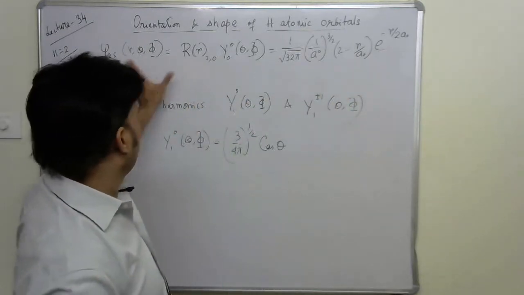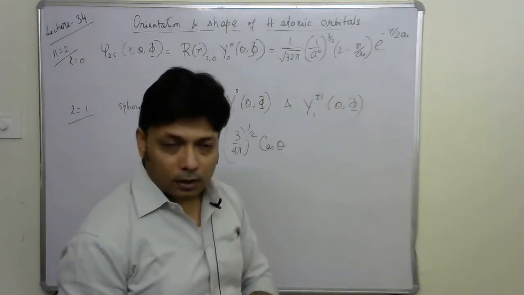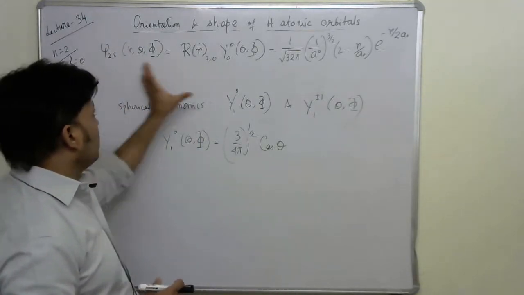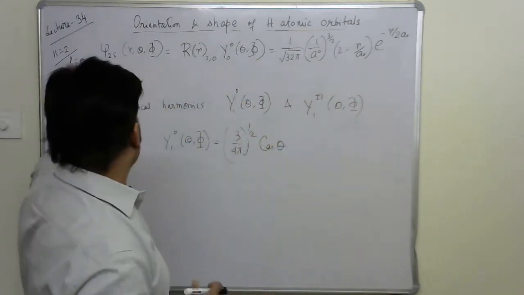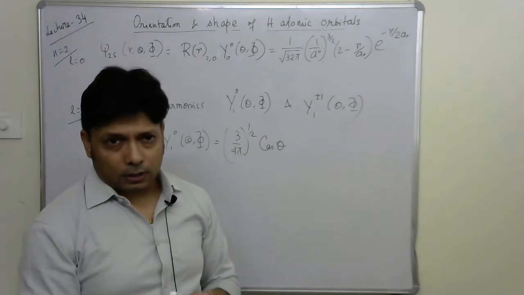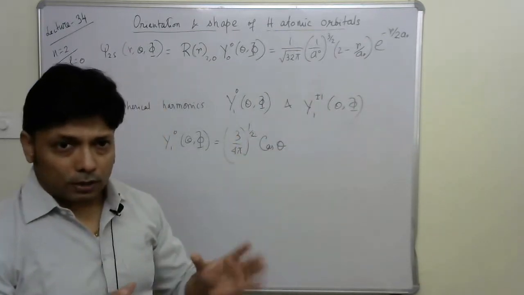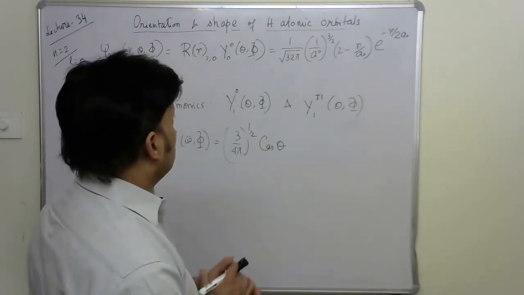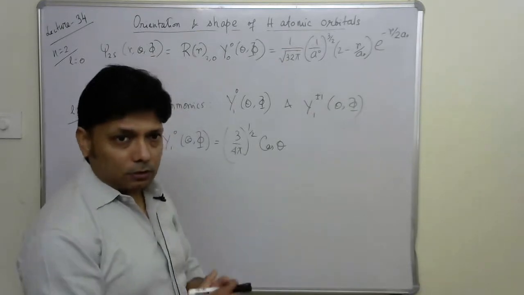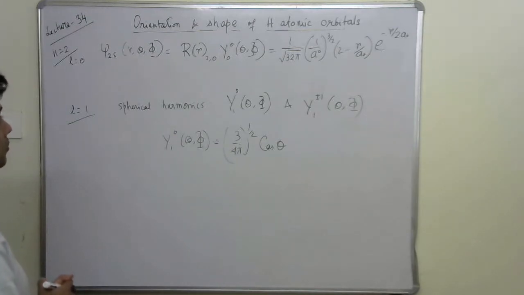So basically the wave function depends on the radial part only. That means the orientation of this function is spherically symmetric around the nucleus, because it is only dependent on the radius. The radial part is uniform around 360 degrees, a spherically symmetric 3D shape.